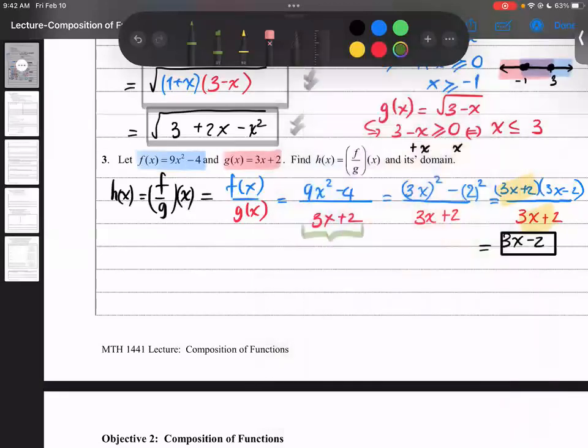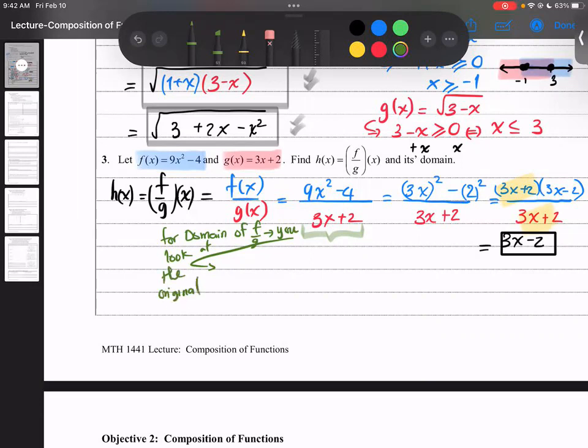Let me take a little note here. For the domain of f divided by g, you look at the original rational expression.